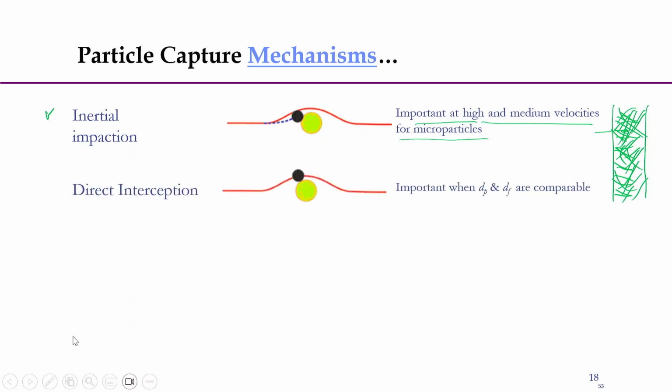Then direct interception. So, particle a little bit smaller in size, where the particle's diameter and this filter diameter are comparable.